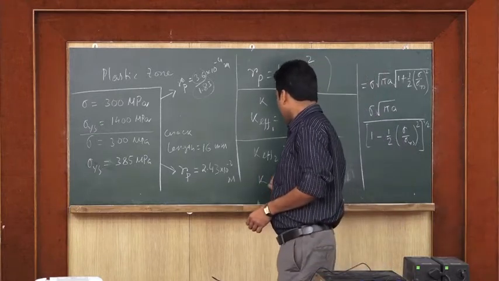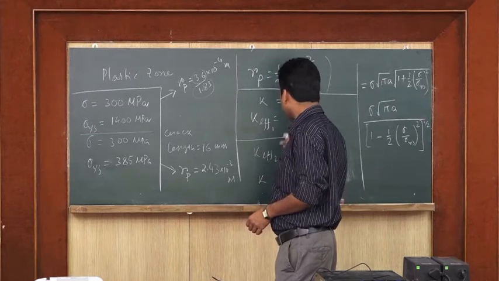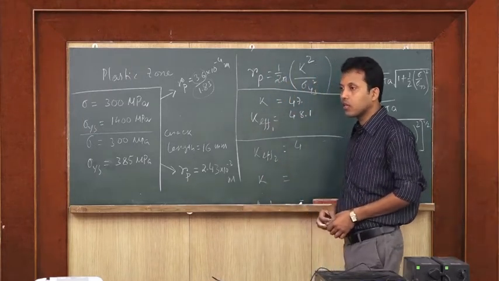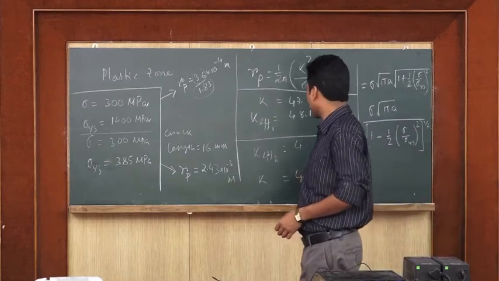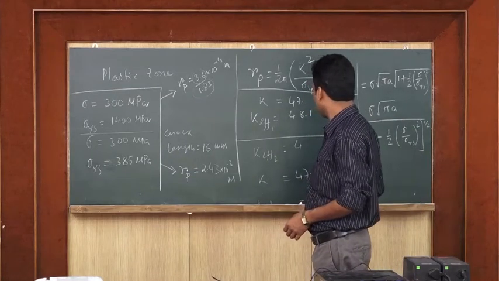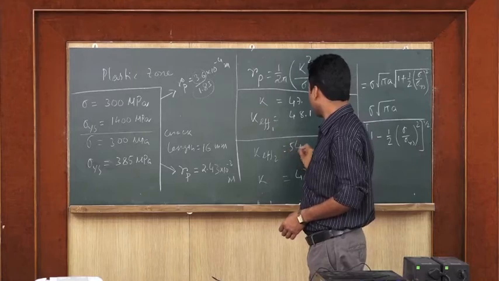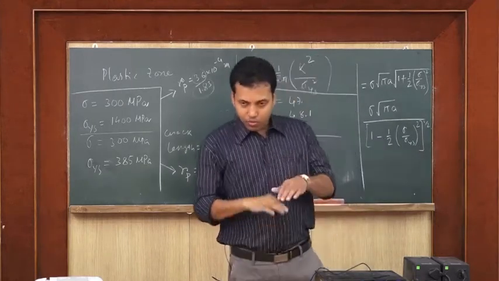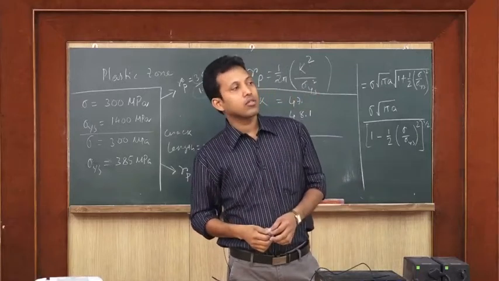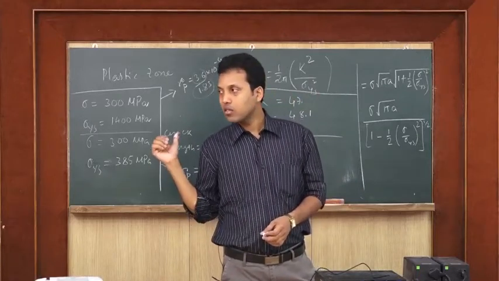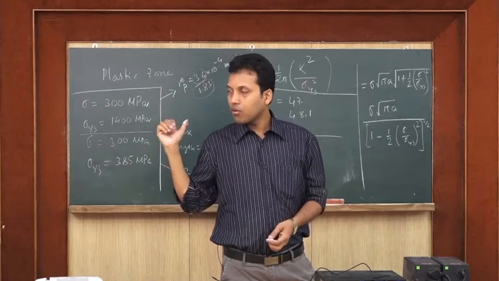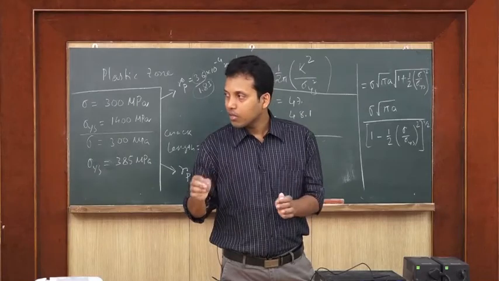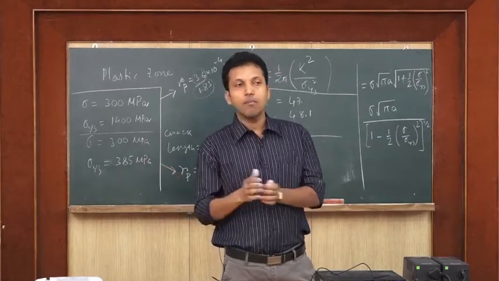For the second case, K will be the same because applied stress and crack length are similar, so K need not be calculated. It is nearly 54, so around 47 and 54, which indicates that there is a difference. Once I have got K effective as 54, I have to take the second case crack length as a plus r_p.